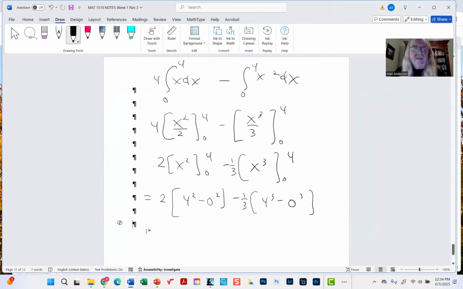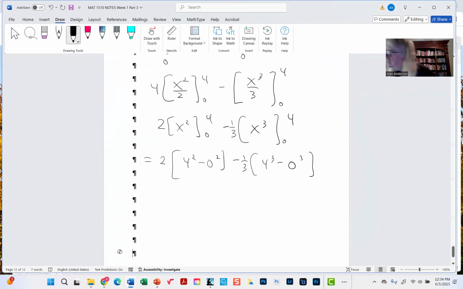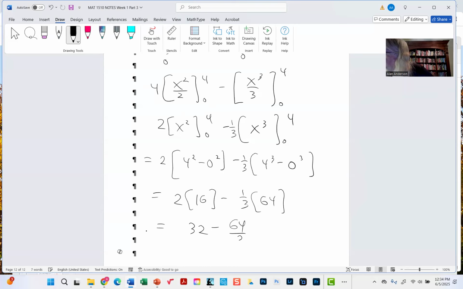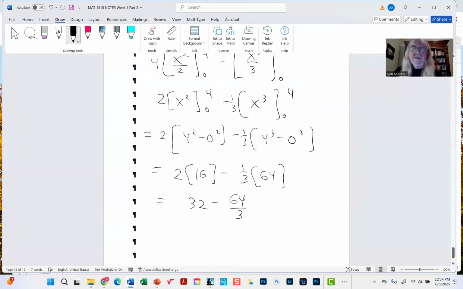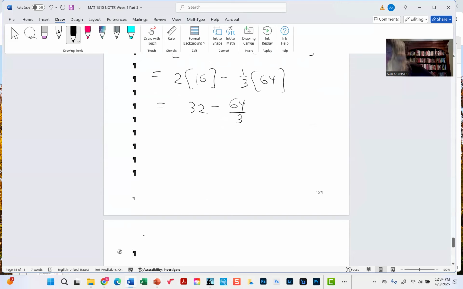All right, let's see where this takes us. So that's going to leave us with, now we need a common denominator. Let's make that 96/3.